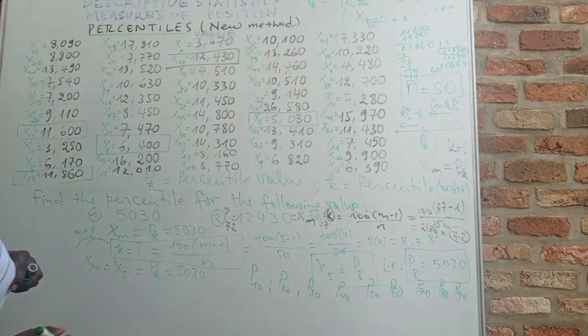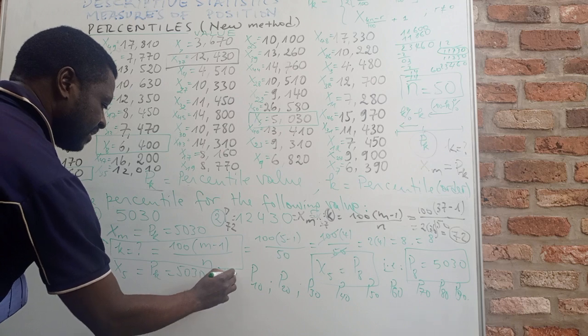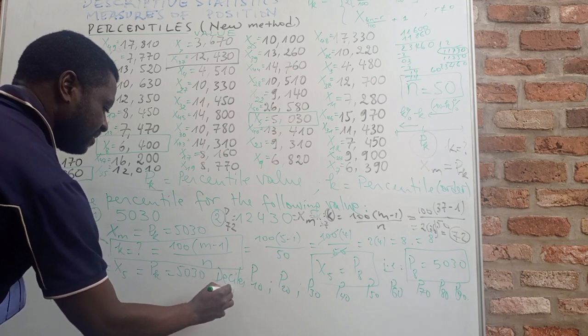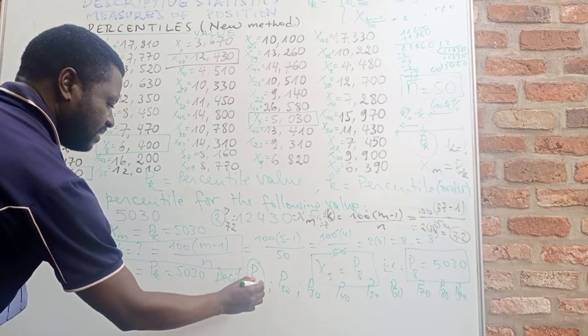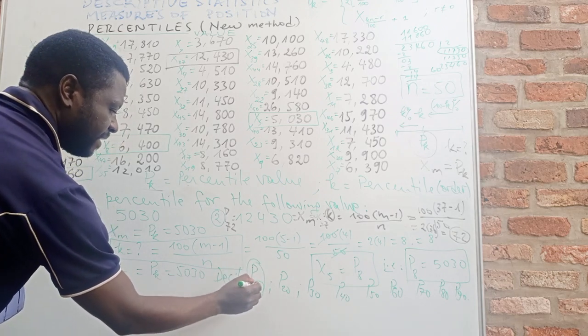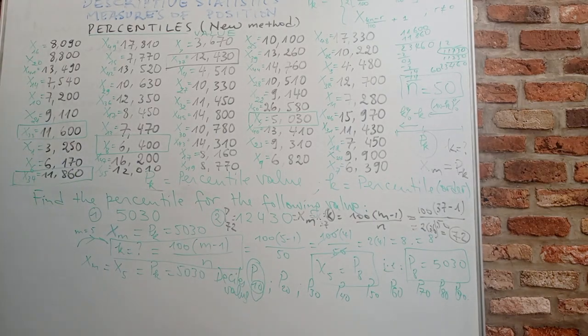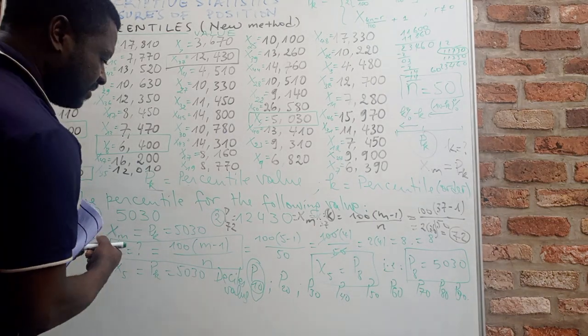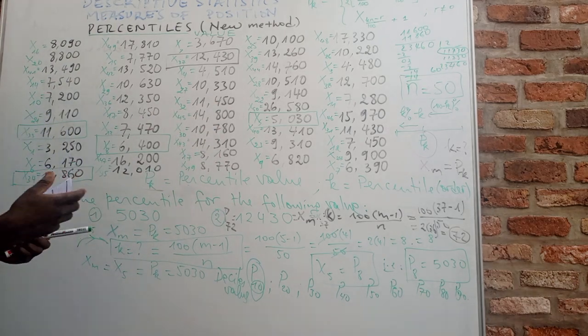These special percentiles are called decile values. Decile value like this, and decile with a percentile of order 10 in this case. So this is what we are going to talk about in the next video.